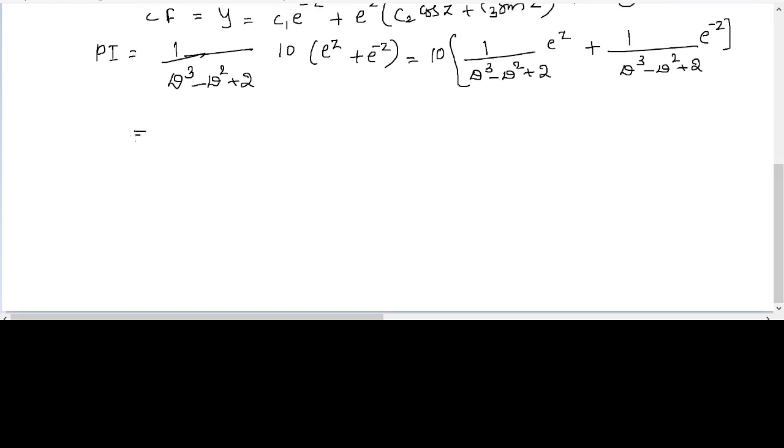Let us solve these two. In the first term we need to replace D by a where a is 1, and in the second case we replace D by a where a is minus 1.